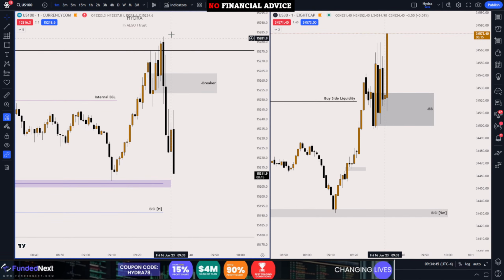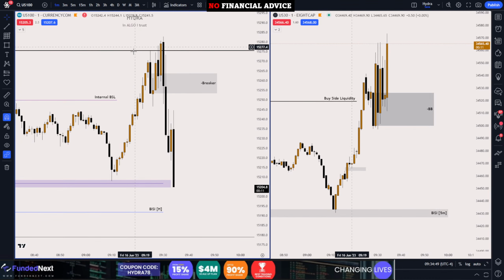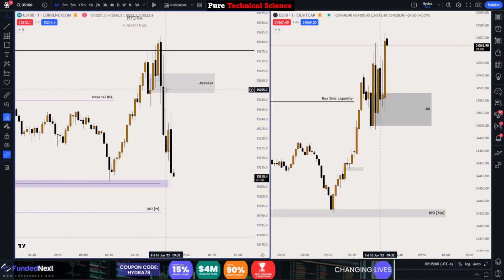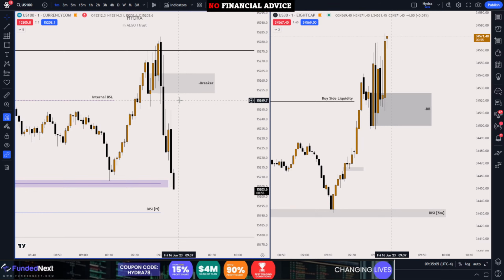We do see a breaker block that cleared out our premium PD array, right? This relative equal highs that I was targeting, I was preaching about, price hit it, breaker block here. And when this candle got generated, I told you guys I want to see it work as a breaker block. It did here, but it didn't give me a chance to enter. But how did I get benefited?